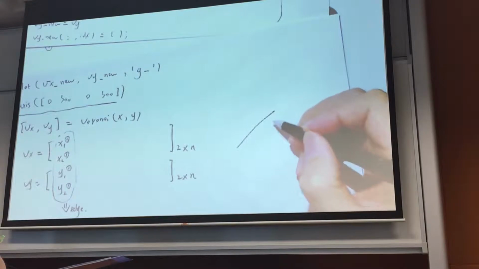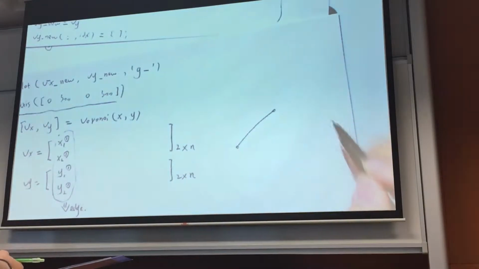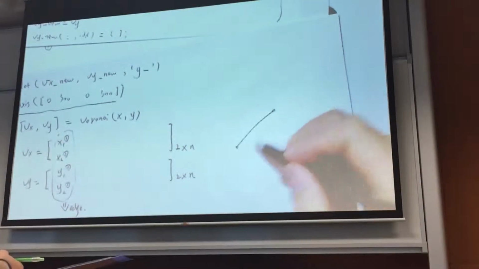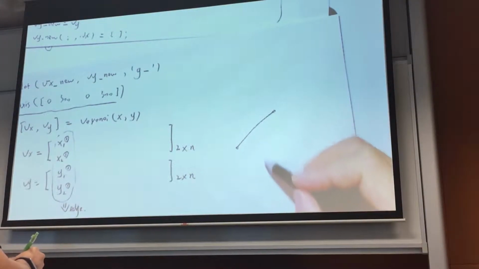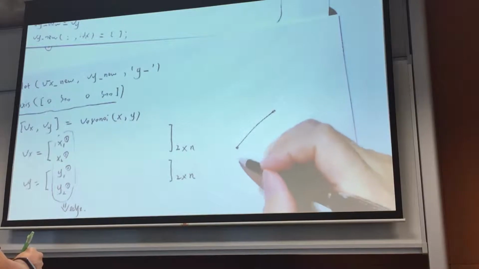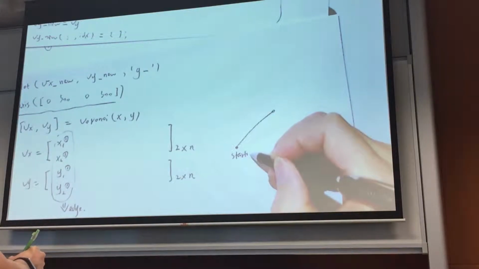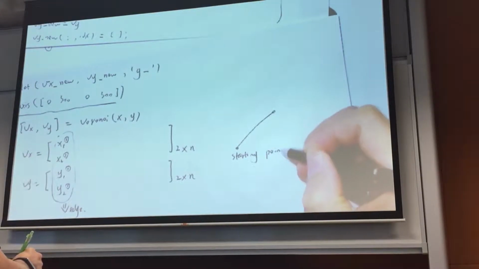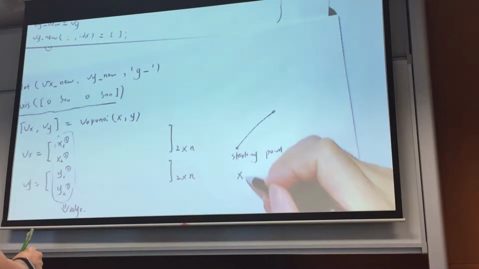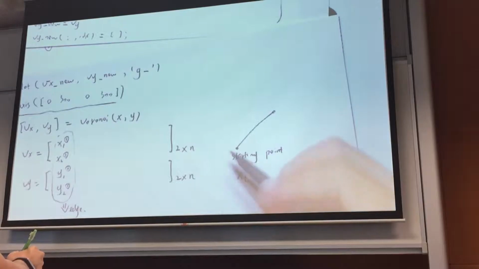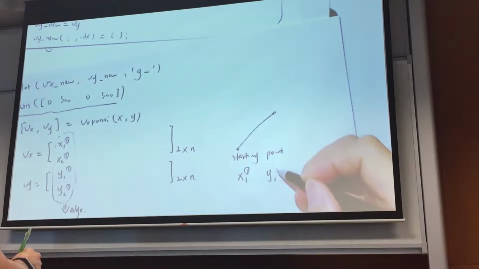So for an edge like this, we got 2 points, a starting point and an ending point. We can determine this edge. The starting point has the coordinates given by x1,1 and y1,1.